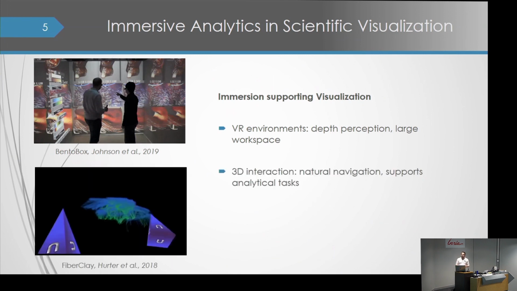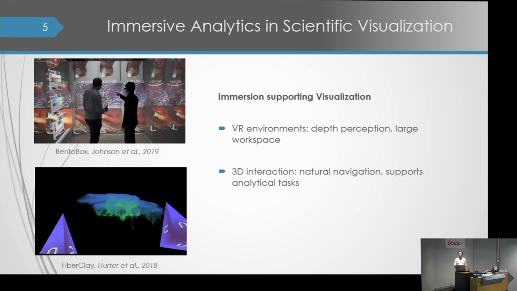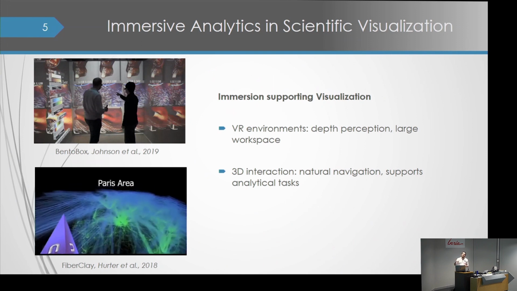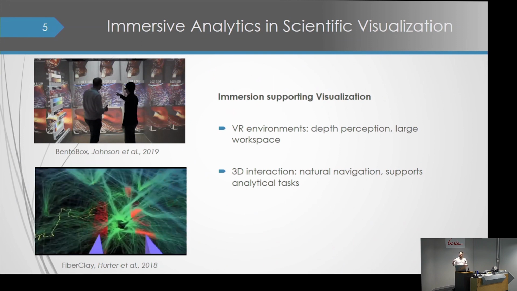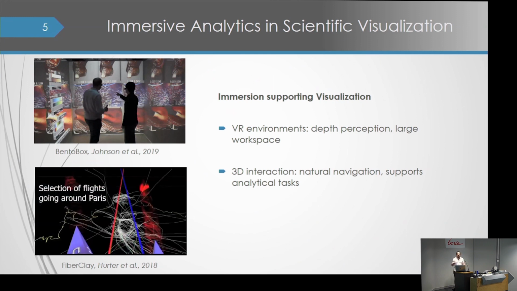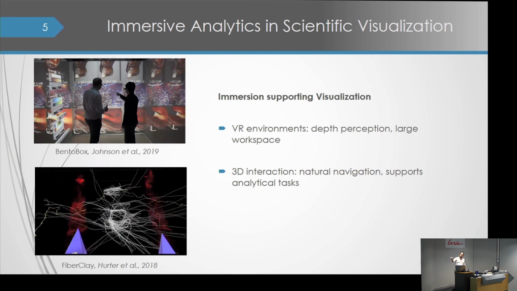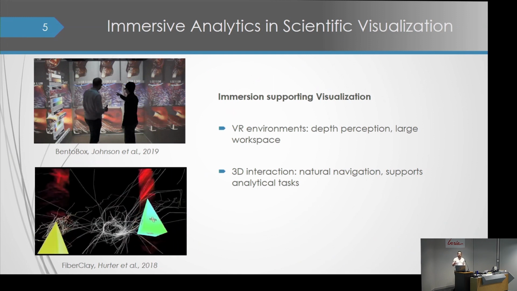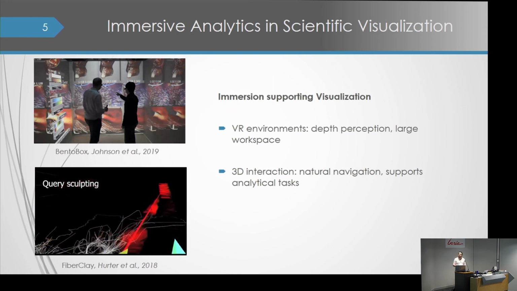The second main benefit is about 3D interaction, which helps with natural navigation in the environment and also supports analytical tasks. So for example, here, the user can select, through a bimanual selection method, some trajectories in large 3D trajectory datasets.